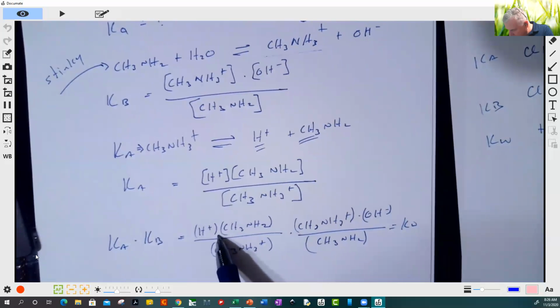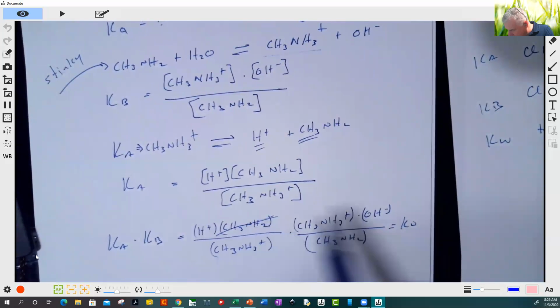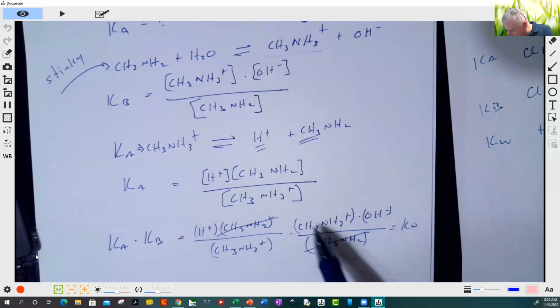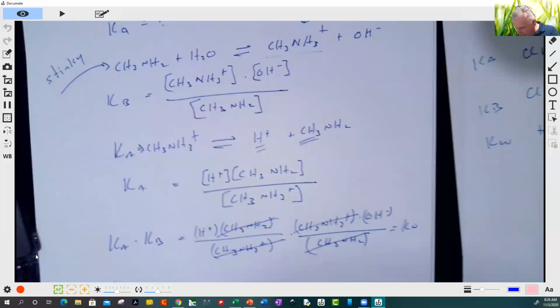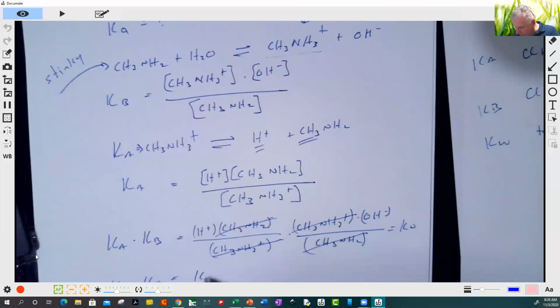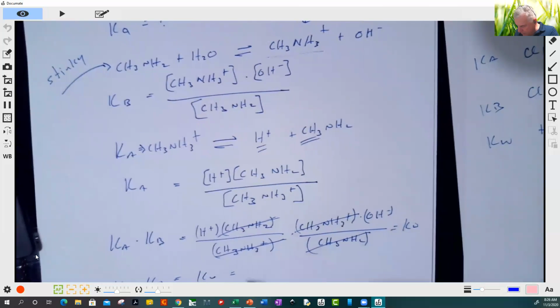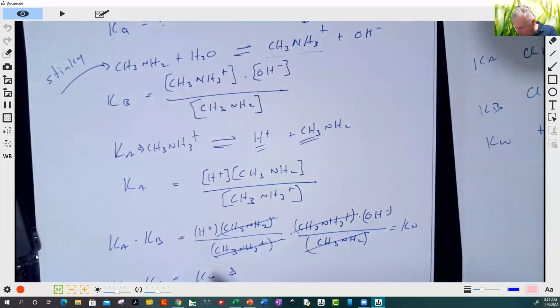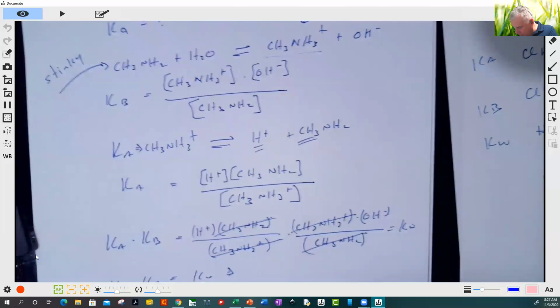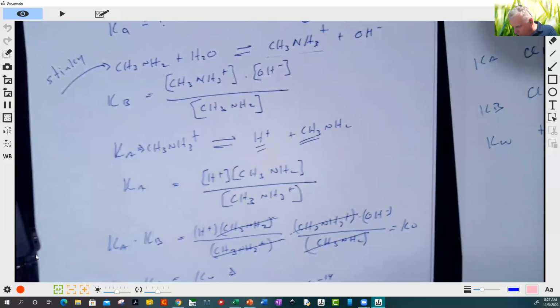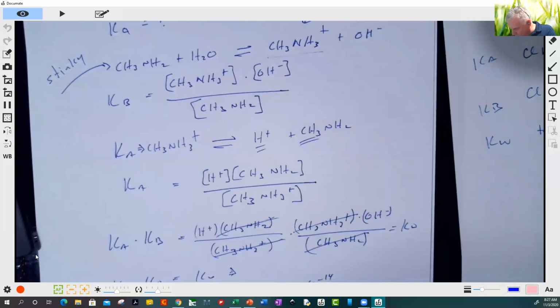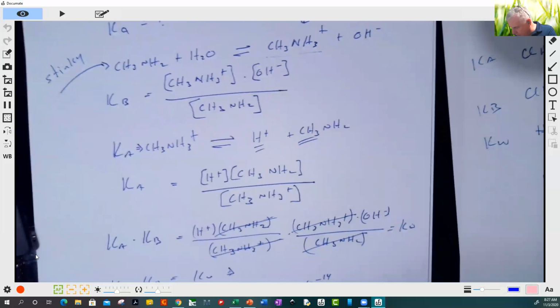Because this guy cancels with this guy, cancels with this guy, right? So Ka times Kb equals Kw, therefore, we're looking for Ka, which is equal to Kw over Kb, which is equal to 1.0 times 10 to the minus 14th over 4.47 times 10 to the minus 4.